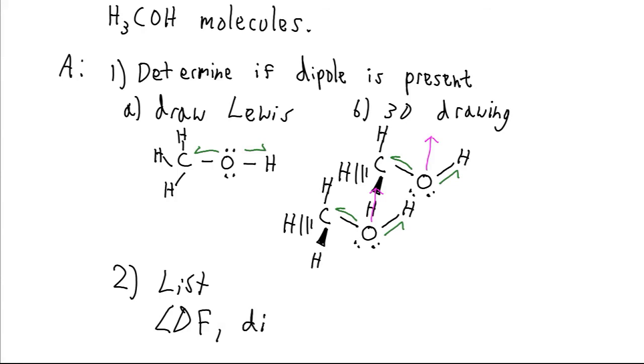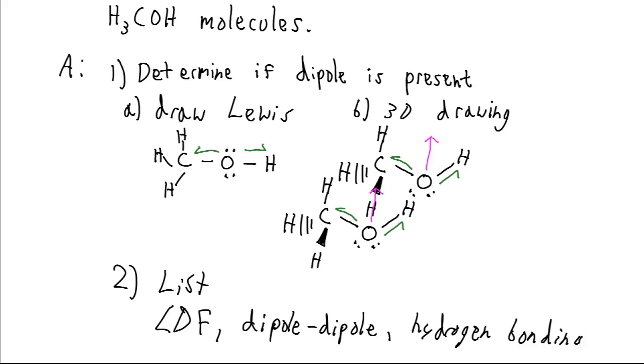We do have dipoles which can interact with each other, so we should have dipole-dipole interactions. And in this case, we have a special kind of dipole-dipole interaction. We have our hydrogen bonding, which tends to be stronger in general than normal dipole-dipole interactions. So those are our forces for this molecule.